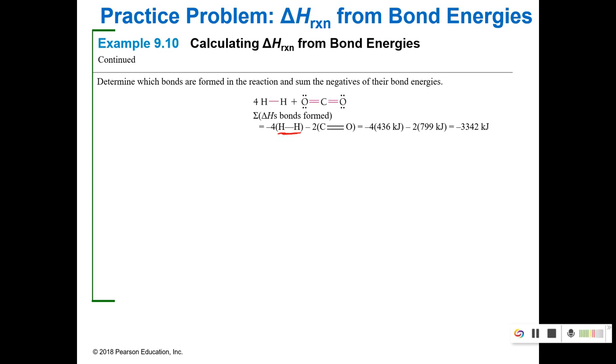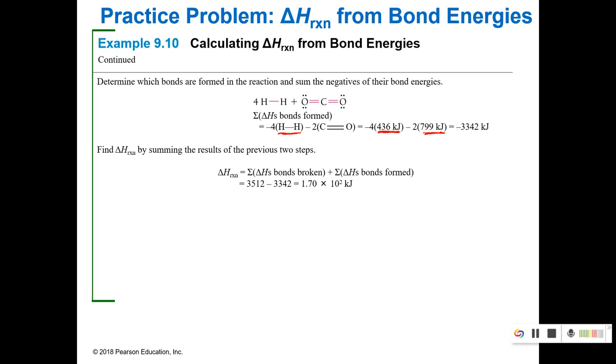We do the same thing for bonds formed. Hydrogen bond is 436. Carbon dioxide's double bond of CO is 799. And then we do our math, reactants minus products. Okay, it's really 170 kilojoules.